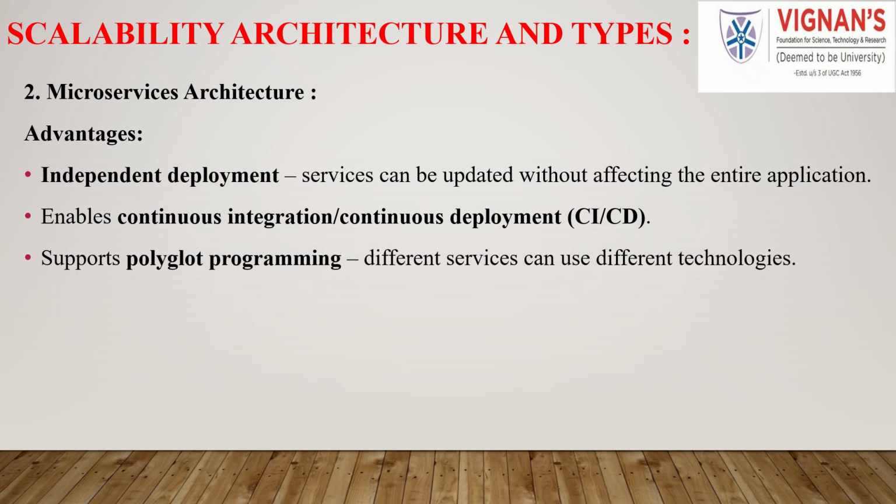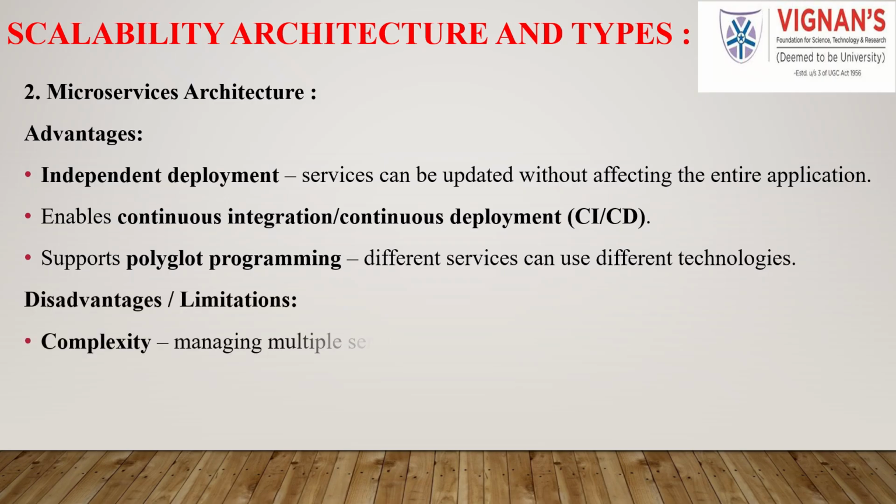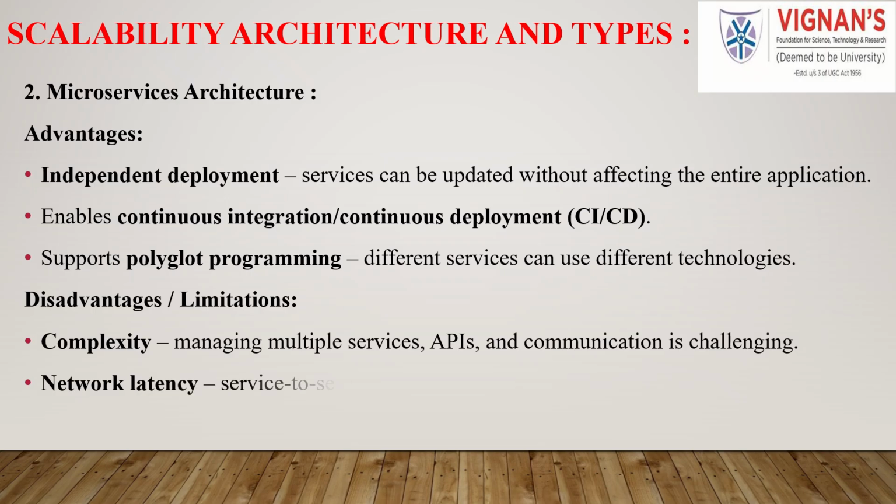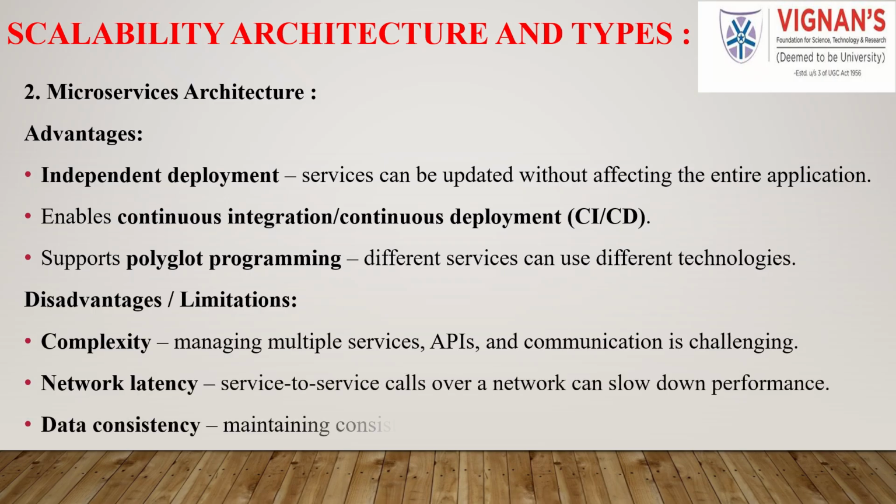However, there are some disadvantages and limitations. Managing multiple services, APIs, and communication can be complex. Service-to-service calls over a network can introduce latency and slow down performance. Maintaining data consistency across all services can also be challenging.